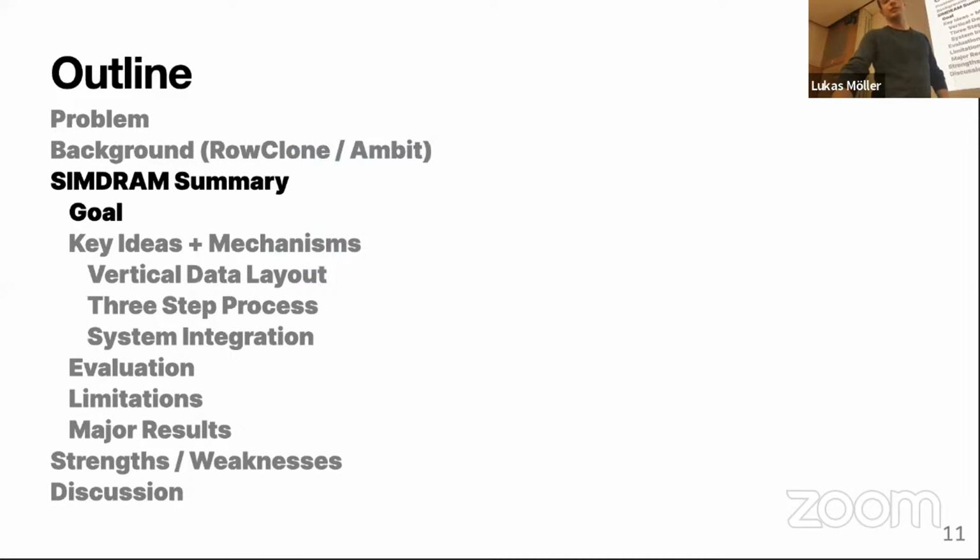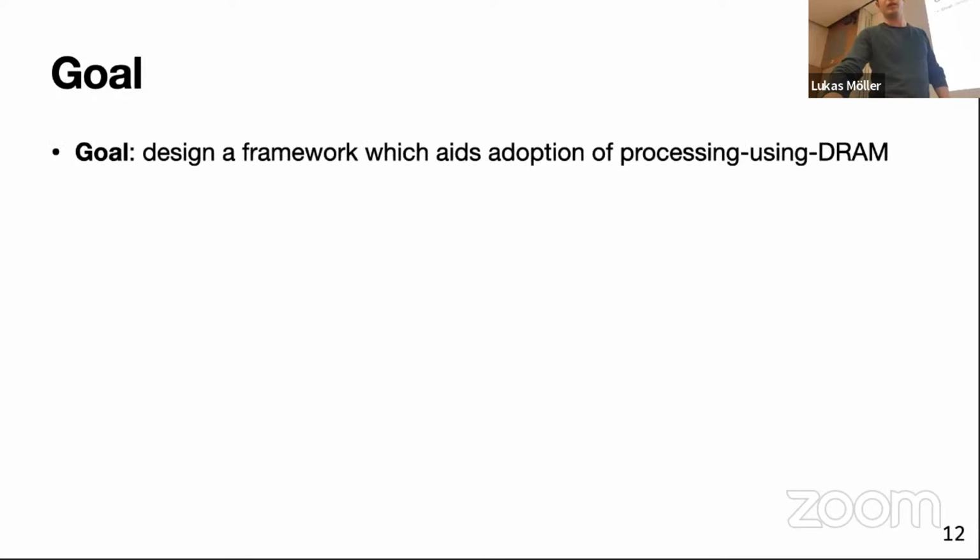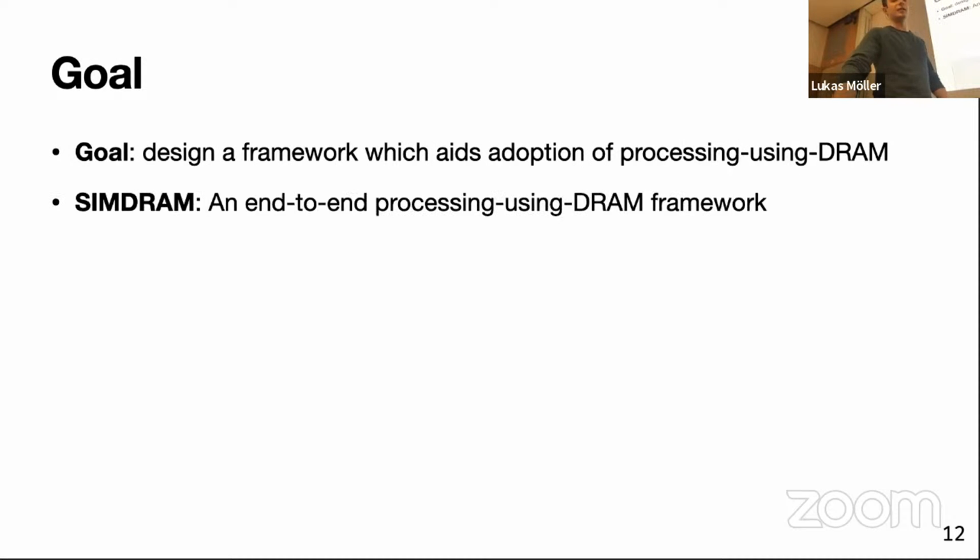That would be it for the background. Let's get to SIMDRAM itself. The goal of SIMDRAM is to design a framework which aids the adoption of processing using DRAM, and at the same time being an end-to-end framework, which means that the programmer can effectively use it, and from the API side to the hardware memory side, everything is described by SIMDRAM.